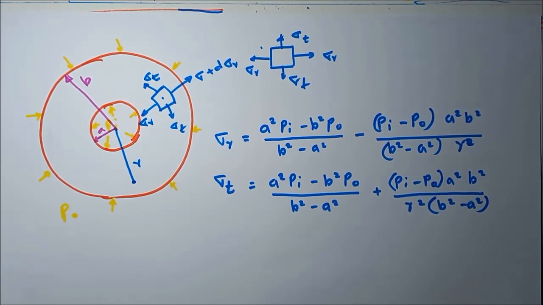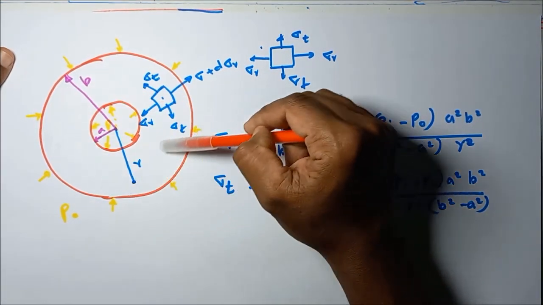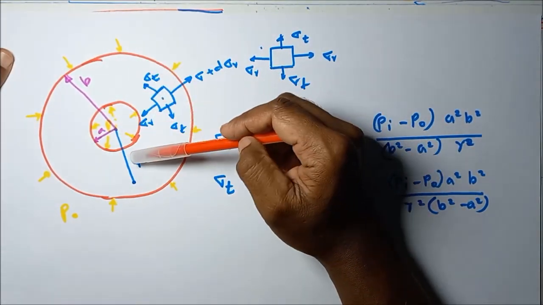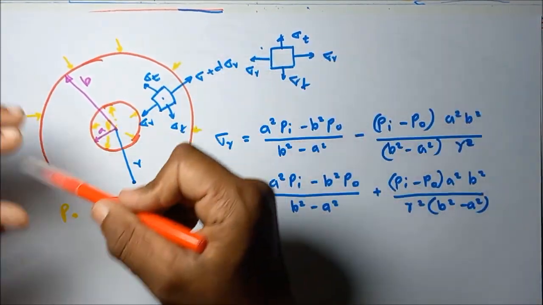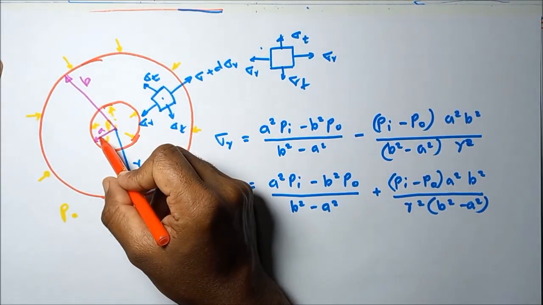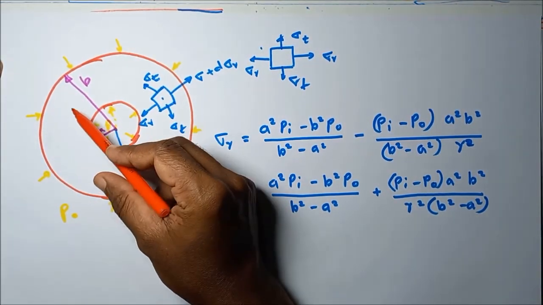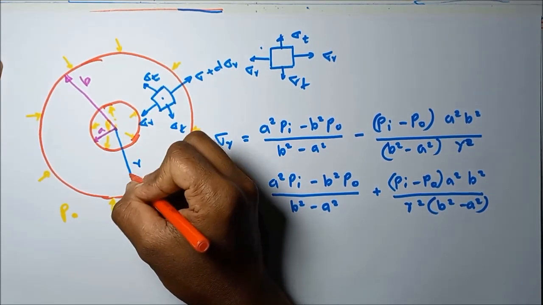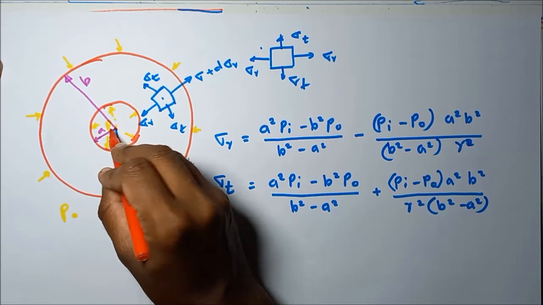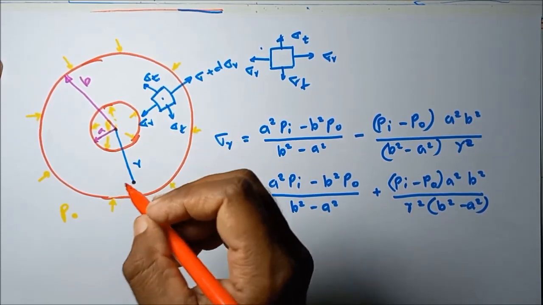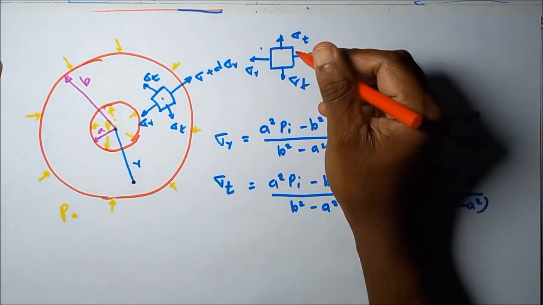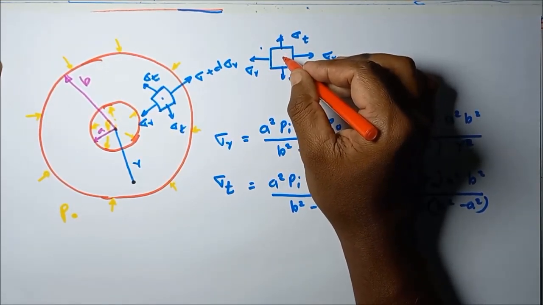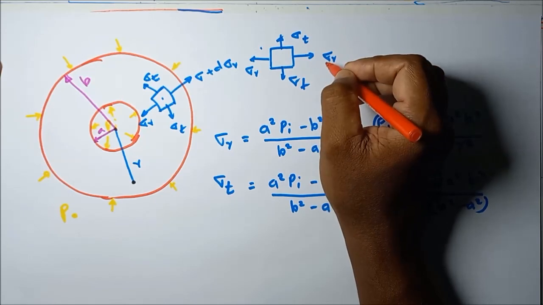If we take a thick wall cylinder under internal and external pressure, with internal radius a and outer radius b, and take a certain point at distance r from the center, the stress developed on this point can be represented by an infinitely small stress element with sigma t and sigma r.